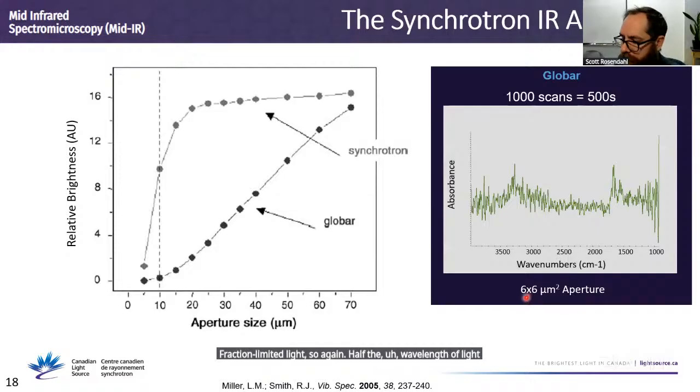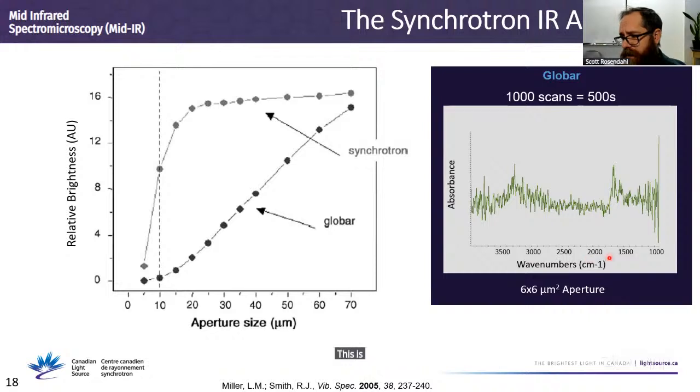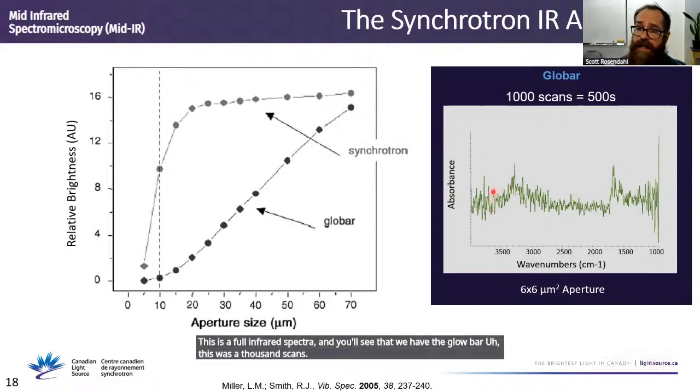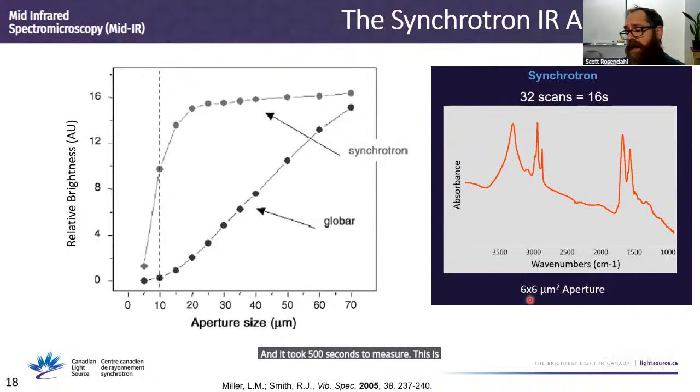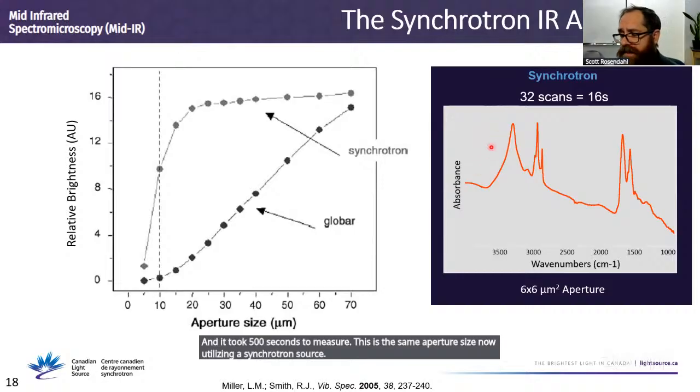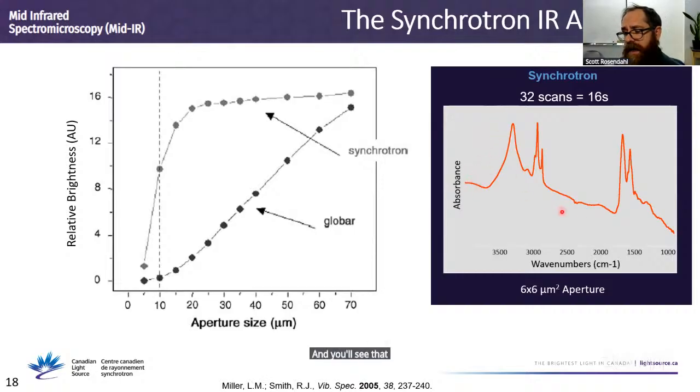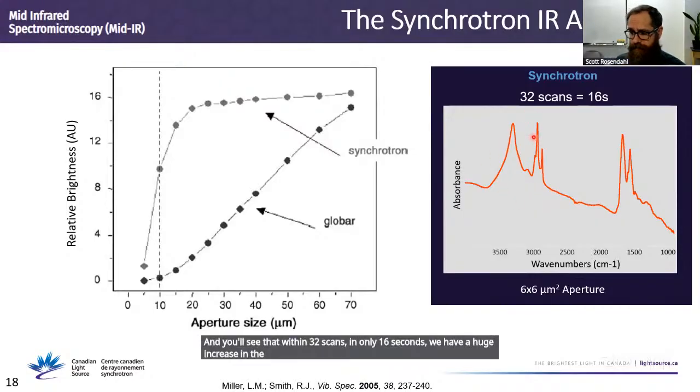With a 6 by 6 micron aperture, this is a full infrared spectrum with the glow bar. This was 1,000 scans, and it took 500 seconds to measure. This is the same aperture size utilizing a synchrotron source, and within 32 scans, in only 16 seconds, we have a huge increase in the signal to noise.